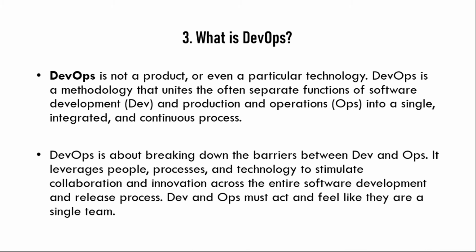So it is not one technology. Simultaneously, collaboration is the most important thing, where we can collaboratively work on innovations across the entire software development, release process, development process, and operations process. We are going to feel like we are a single team. There are no multiple teams, admin team or DBA team, like we had earlier in SDLC.